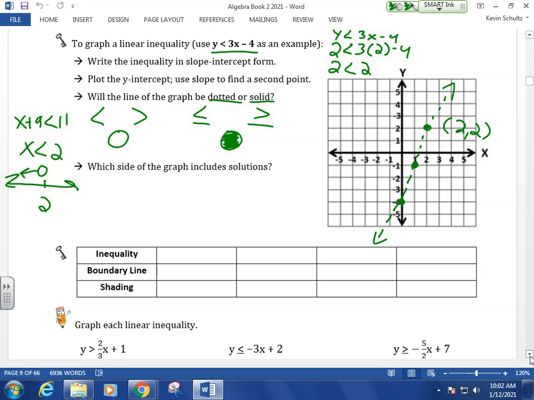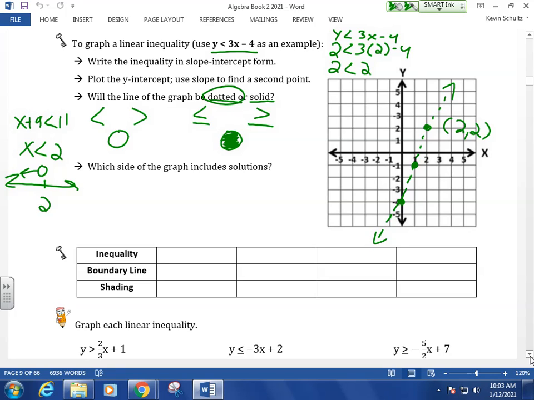True or false? False, right? So the ordered pair that's on the line doesn't actually work in the inequality, which is why it needs to be dotted. Okay? And the reason why is because it's got that less than symbol, and the ordered pairs on the line don't actually work.